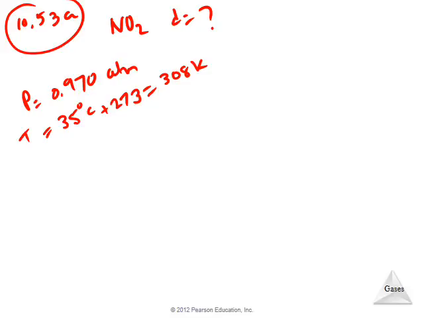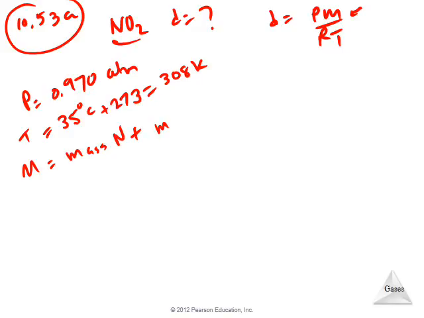Now, density expression is D would be given by PM over RT. In order to calculate density, we also need to know molar mass or molecular weight. So molecular weight for NO2 would be given by mass of nitrogen, mass of N, plus mass of oxygen.